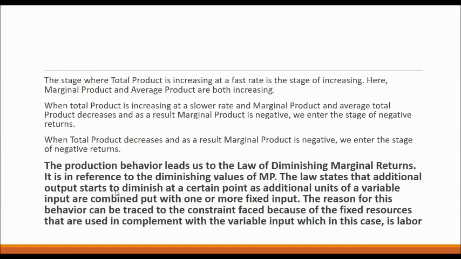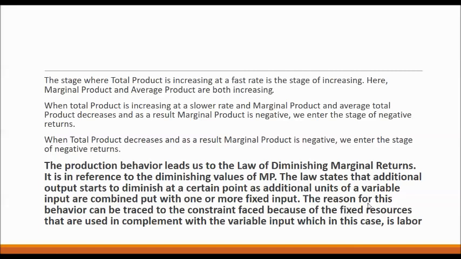So take note here in the production behavior that leads to the law of diminishing marginal return. It is in reference to the diminishing values of marginal product. The law states that additional inputs are combined with one or more fixed inputs.